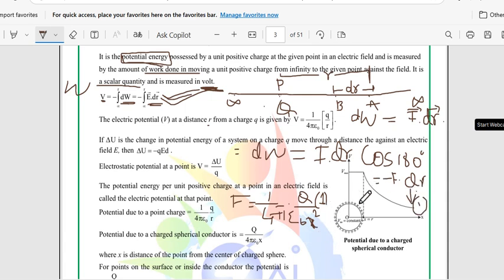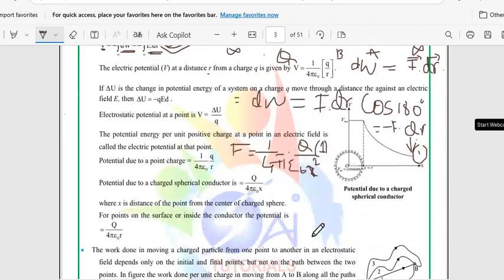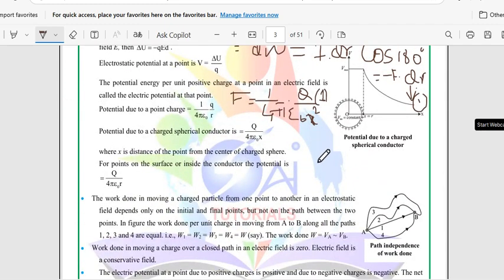If you put this force in equation number 1, the work done becomes minus 1 divided by 4 pi epsilon naught into Q divided by R square into dr. This is equation number 2.